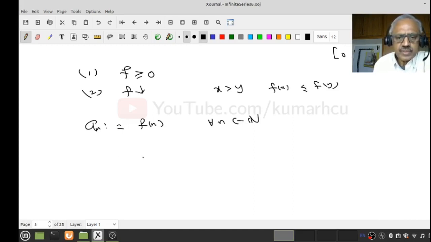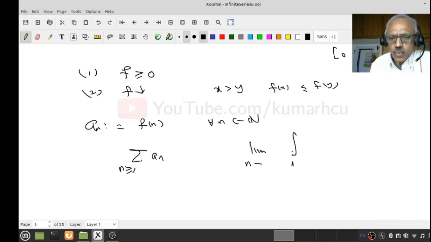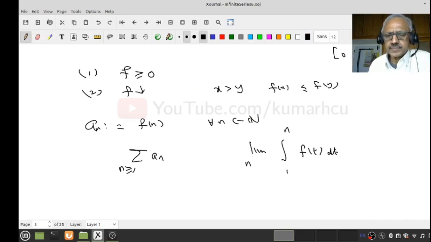Now I have two things: the infinite series summation of a_n, n greater than or equal to 1, and also the limit over n of the integral from 1 to n of f(t) dt.